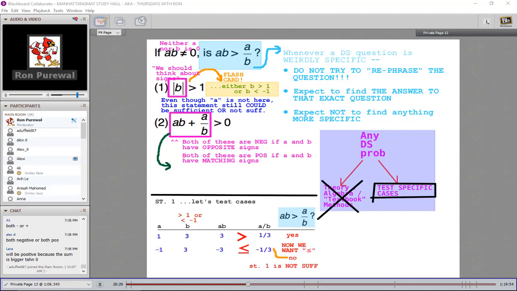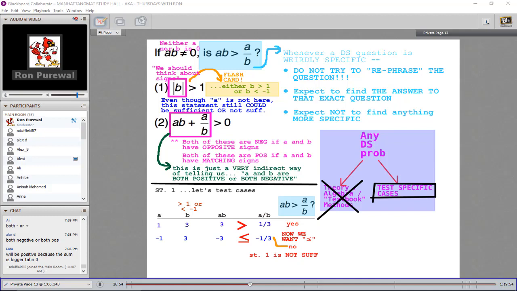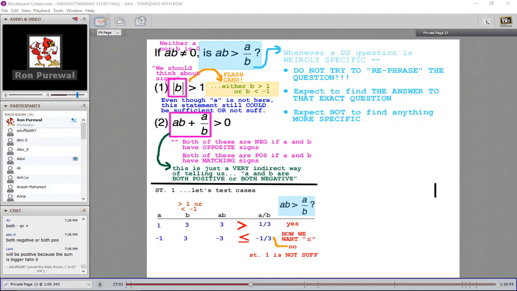It's just a very indirect way of telling us that A and B are both positive or both negative. That's what it tells us. Okay, but that's all we know, right? Other than that, we don't know the values of those. Let's get rid of this thing over here. So let's test some cases for that statement.